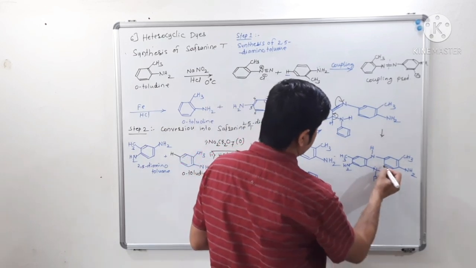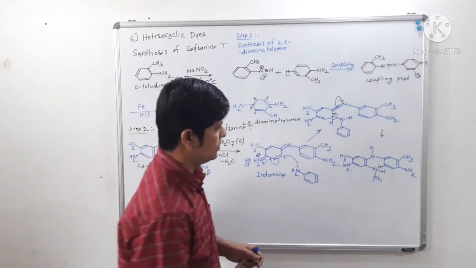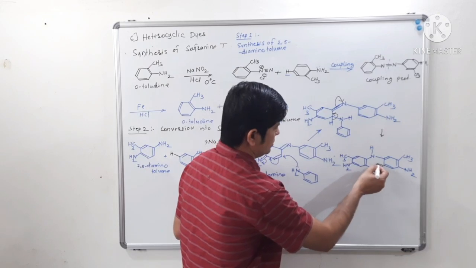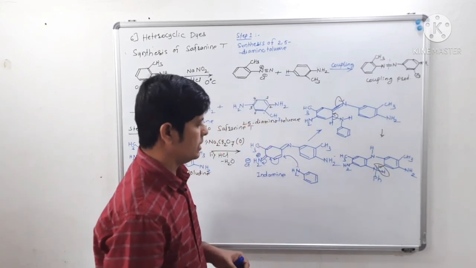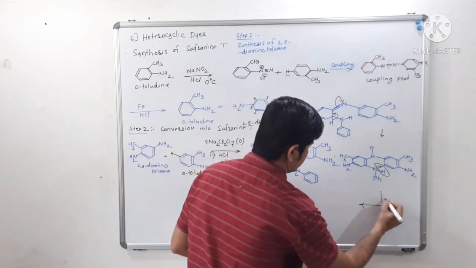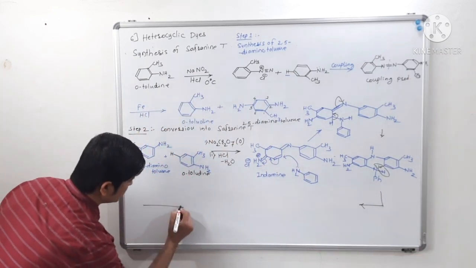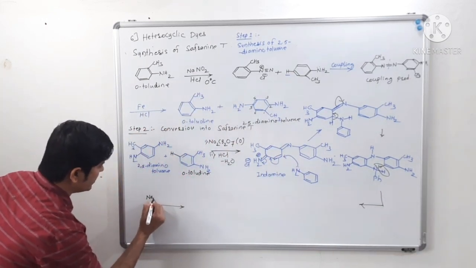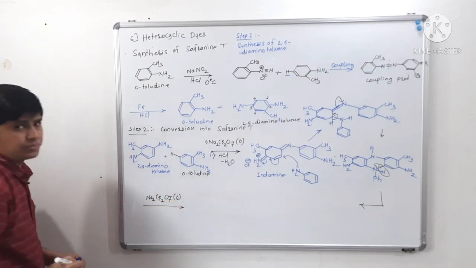Now see, in the next step, this hydrogen, there will be loss of those two hydrogens in the presence of, I am writing here, again sodium dichromate, Na2Cr2O7, oxidation.